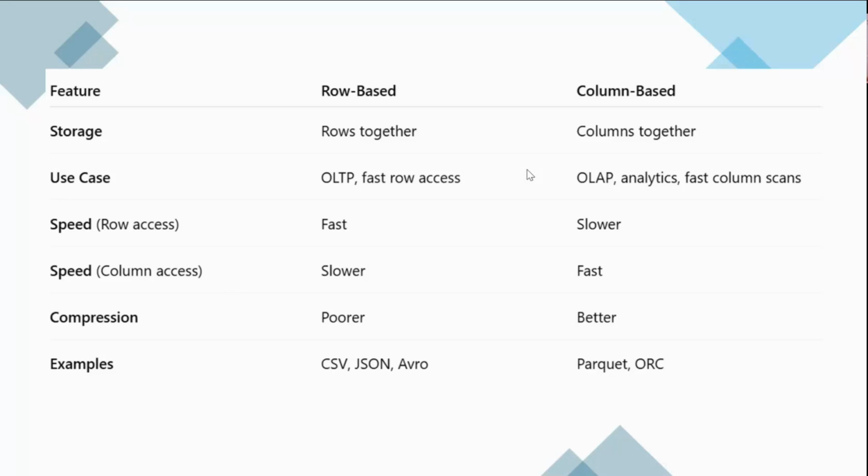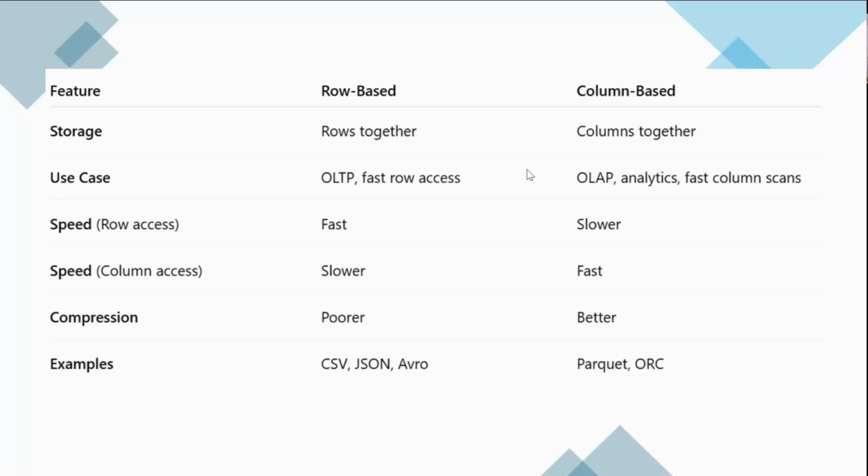Whereas in case of analytical aspect, you are not concerned with the rows. You are concerned with the aggregation at an attribute level, such as what is the overall revenue that my organization generated in the last quarter. So it's basically an aggregation at a column value. So it's column retrieval.